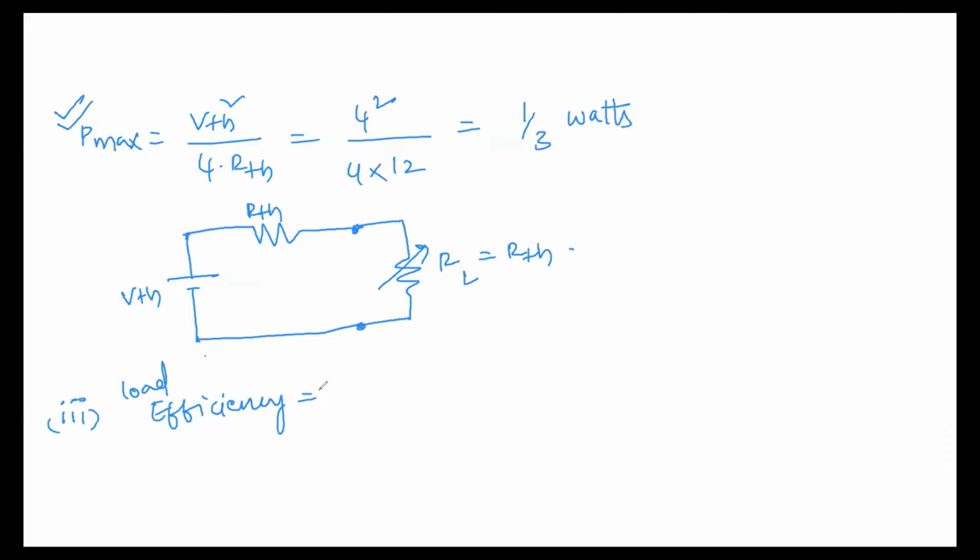You should not just say 50% like that. You have to find the power dissipated in all those things. First, if you get the current, then it is easy: I square RL divided by I square RTH plus I square RL. So anyway, the efficiency will be 50%, but you need to check.